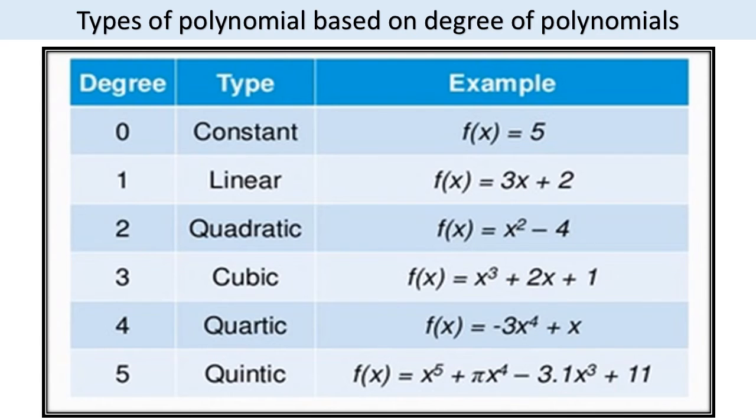Here you can see the degree of polynomials, what type it is, and the example. I have written 2 more: if the highest power is 4, it is called a quartic, and when it is 5, it is called a quintic.